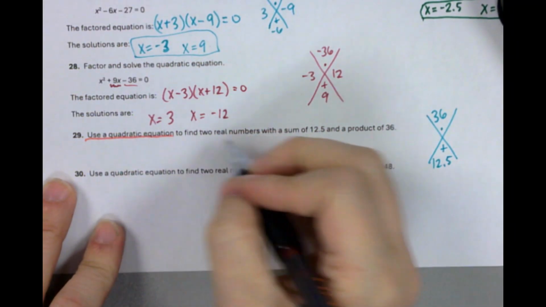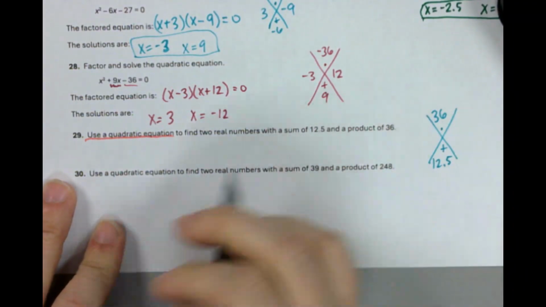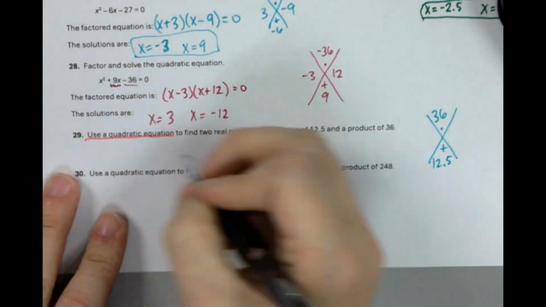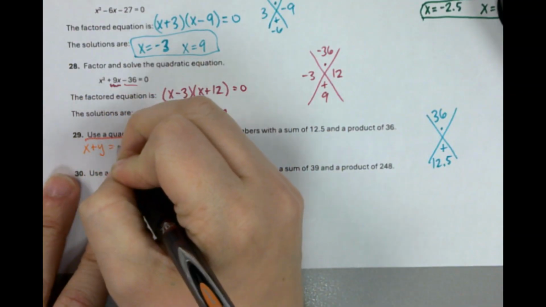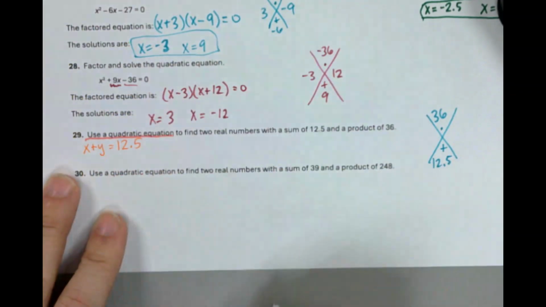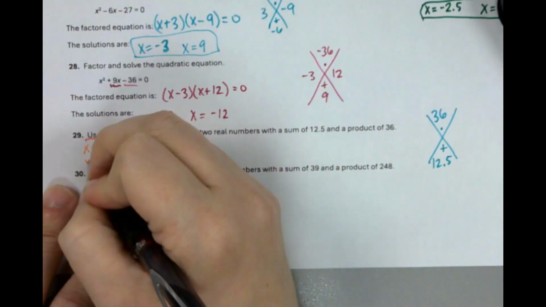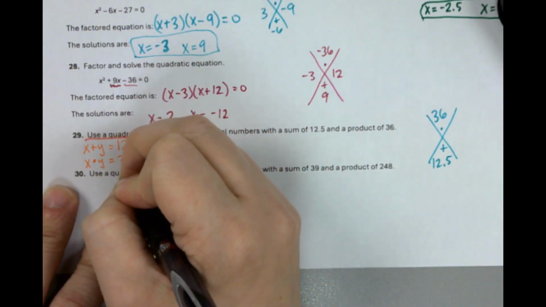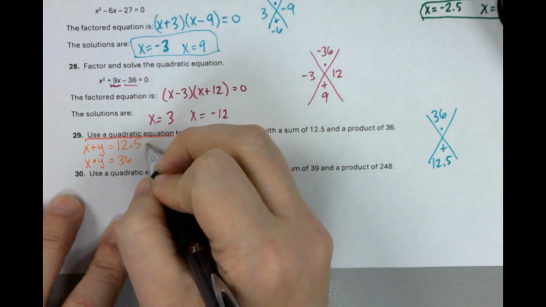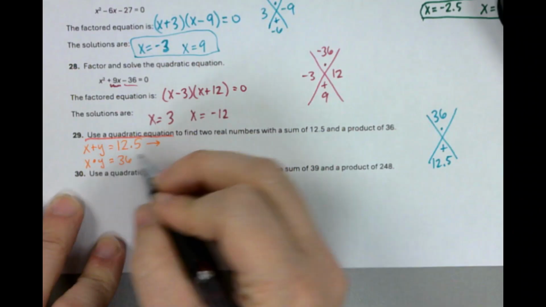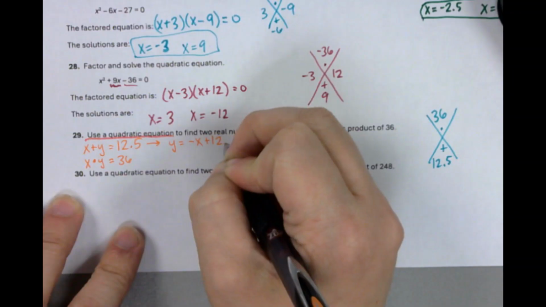So quadratic equation to find two real numbers. Our two numbers are going to be x and y, a and b, it does not matter, with a sum of 12.5. So I'm going to say x plus y equals 12.5. And a product, which means they multiply, of 36. So x times y equals 36. Now, if I solve this first equation for y, I would subtract the x over, so y equals negative x plus 12.5.